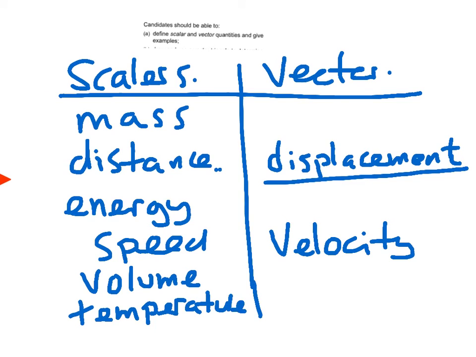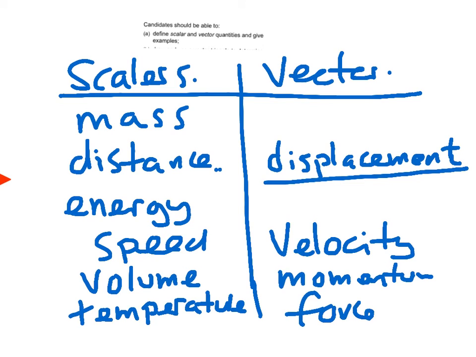Okay, momentum is here. For those who remember GCSE, mass times velocity is momentum, so obviously if you've got a direction there, you're kind of stuck with the fact that it's got to be a vector as well. Forces, do they have a direction? Of course they do. They're a great big arrow, aren't they? So that's got to be a vector.